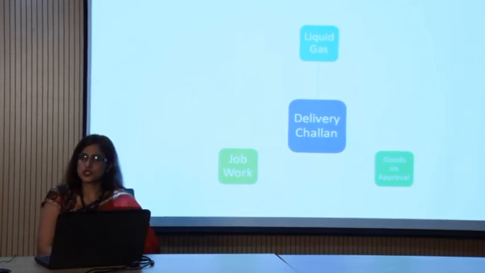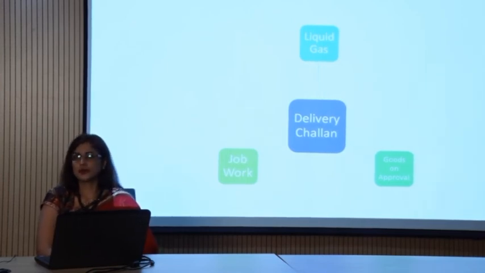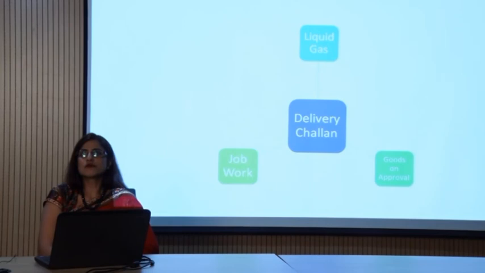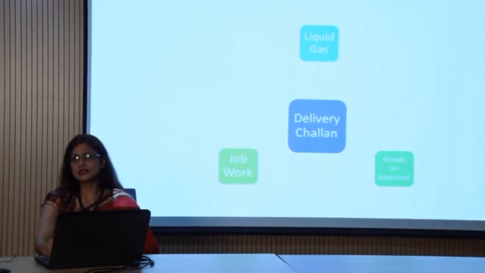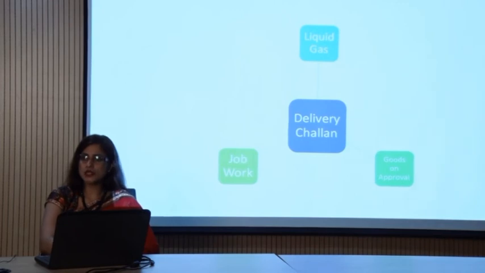Now, the third situation is about job work. Under this situation, for example, I am a principal, and I am getting work from the job worker. For example, I am getting embroidery done on sarees, and I am delivering 100 sarees to the job worker for getting embroidery.